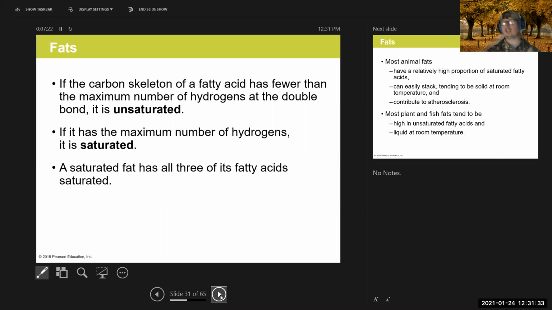And as we saw in the video, those double bonds lead to a bent, kinked structure. And because those double bonds kink the structure, it doesn't allow for those fatty acid tails and those triglycerides to stack tightly together. The kinks make some space in between. And that's why we see unsaturated fats liquid at room temperature. Now, the opposite with saturated fats is that they have single bonds.